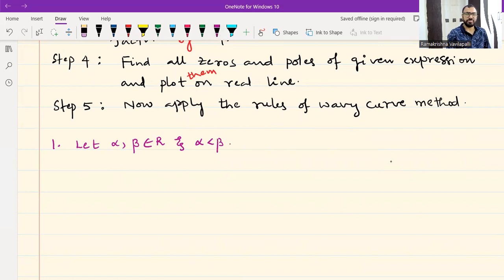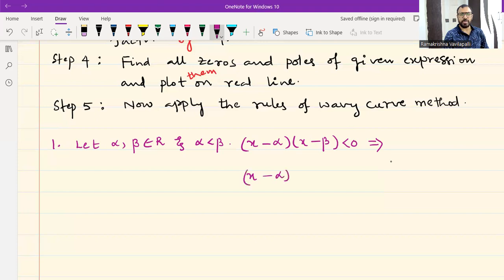So here you see, if x minus alpha into x minus beta is less than or equal to 0, or here I will keep x minus alpha into x minus beta greater than or equal to 0, then x belongs to which interval?